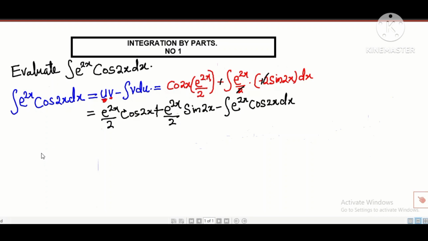Therefore, see how far we have gone. We are at this point now where we have the integral of e to the power 2x cos 2x dx is equal to everything here from here all the way to this place.